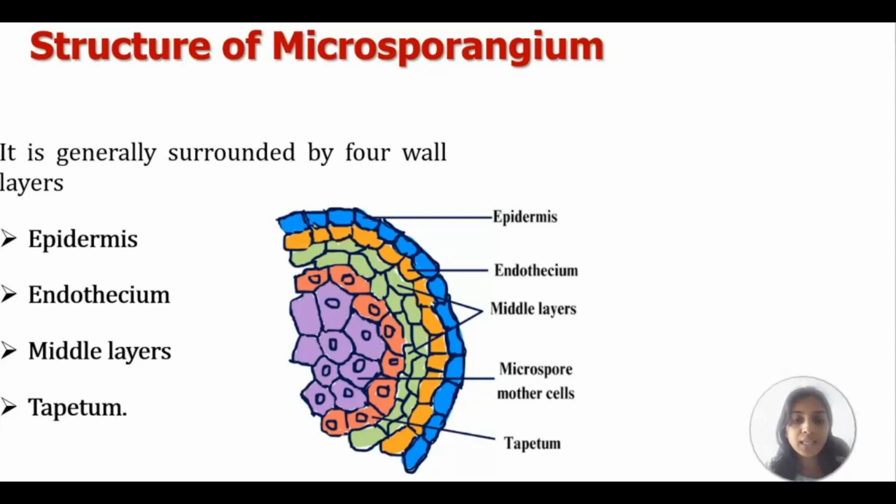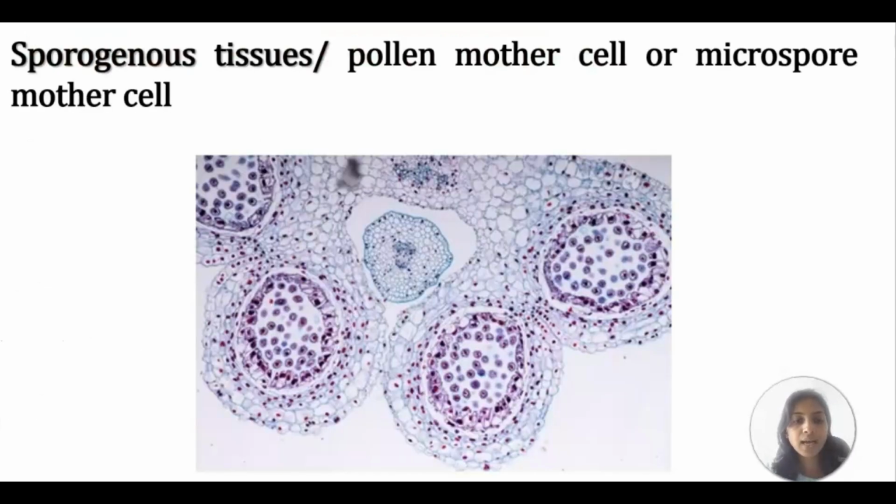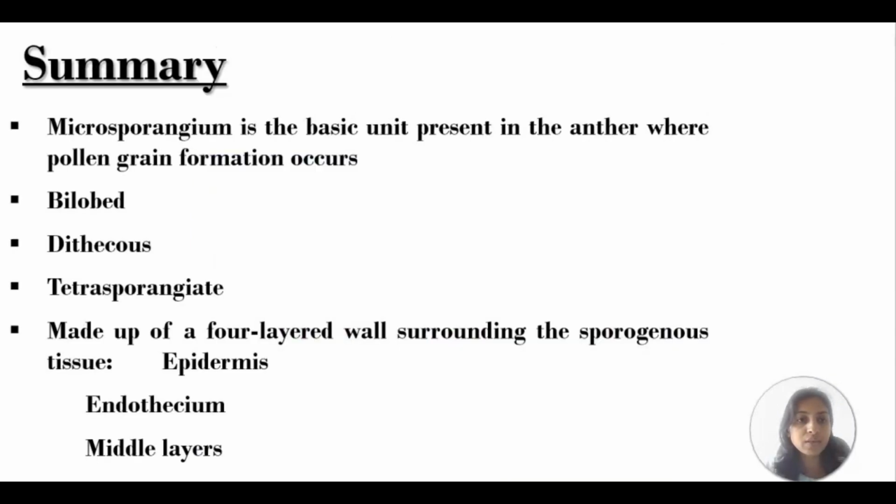Sporogenous tissue, initially diploid in nature, undergoes meiotic cell division during microsporogenesis to produce microspores and develop into a mature pollen grain. And the anther dehiscence leads to the release of matured pollen grains to the exterior for pollination.